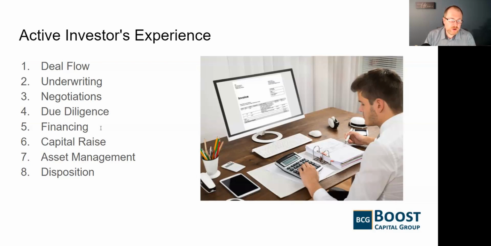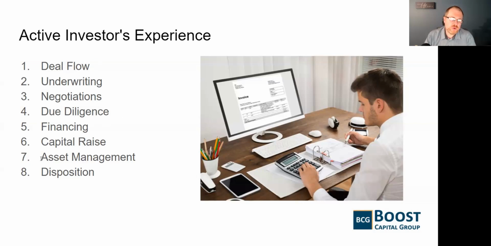Also, you're going to talk to a lender about financing, do the capital raise, and close on the deal, which is a stressful event, but typically more like a formality. So there's a lot of activities prior.